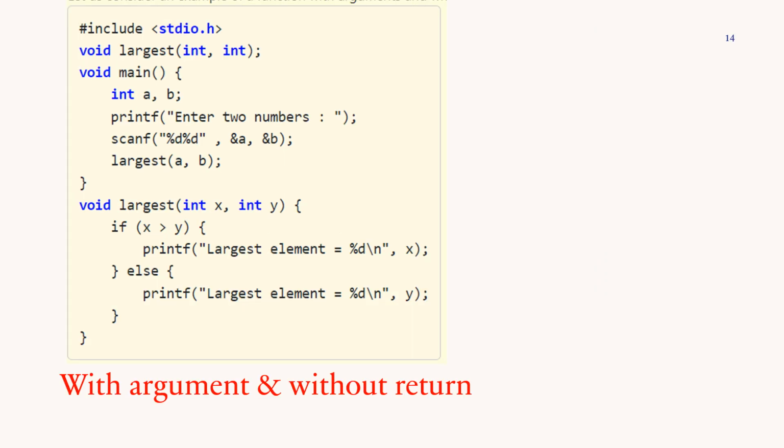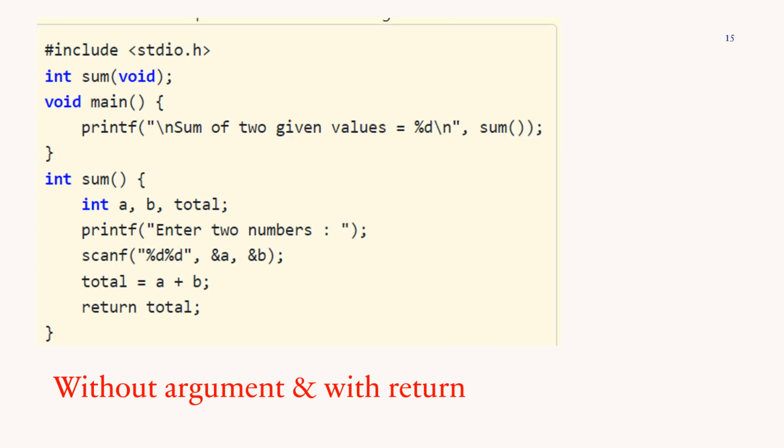Then you can also see the with argument and without return category. When we look into the main function, largest(a, b), they are the arguments, and here we don't have the return option. So arguments are present, and the return option is not there.